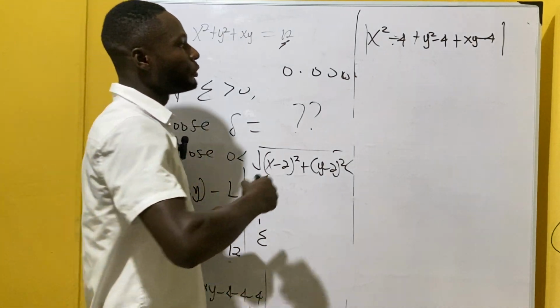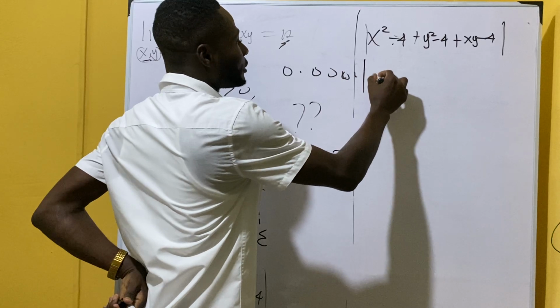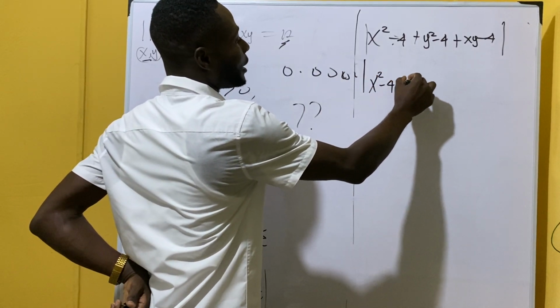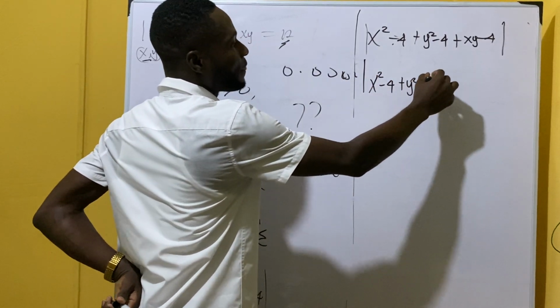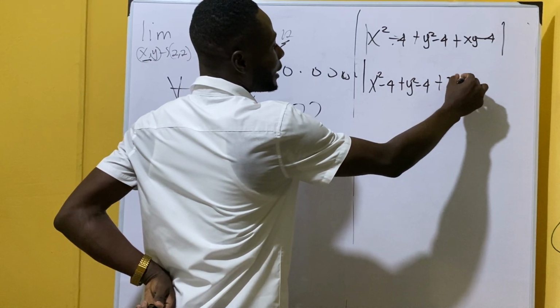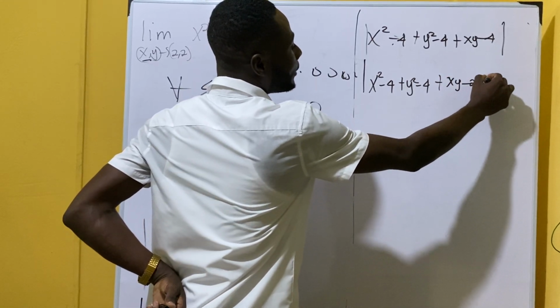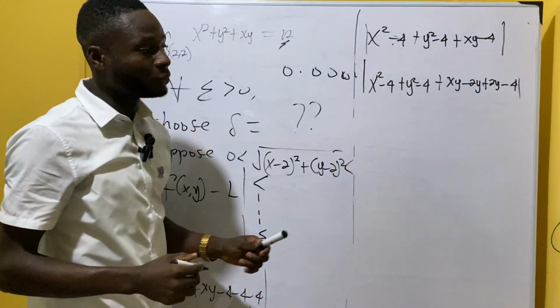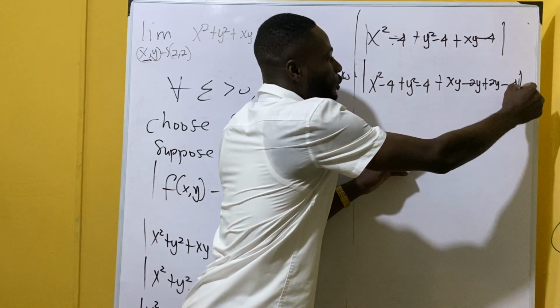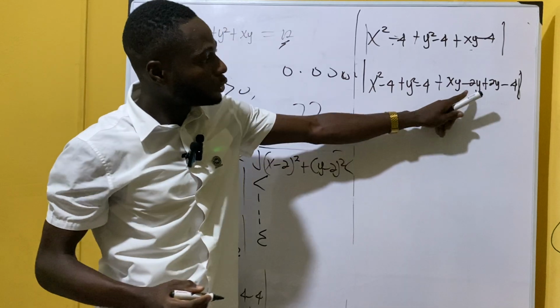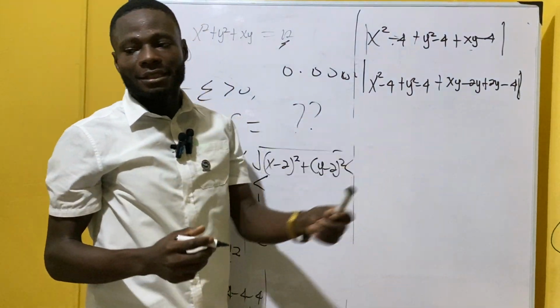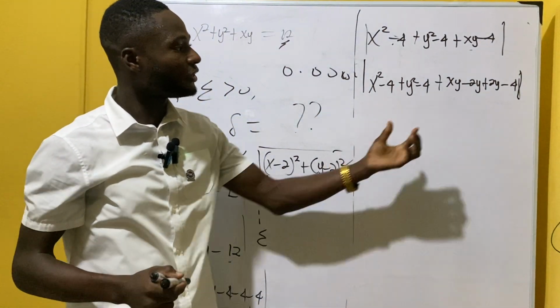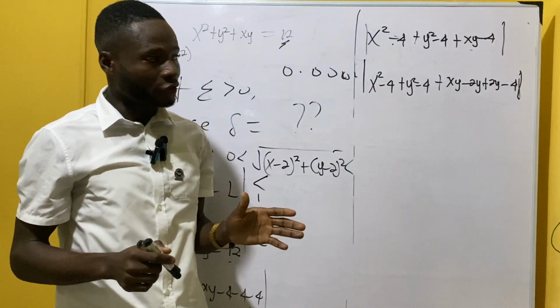So right here what we do is that we say x squared minus 4 plus y squared minus 4 plus xy minus 2y plus 2y, right? We just added 0 to the xy because minus 2y plus 2y is 0. So what we have here doesn't make any changes.